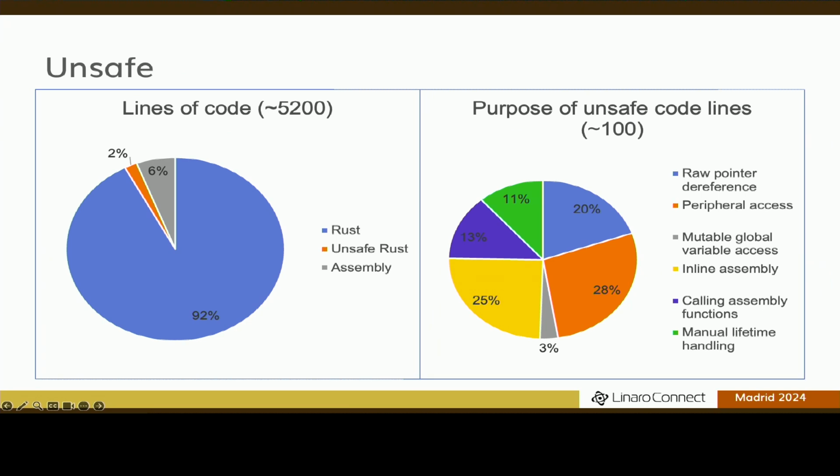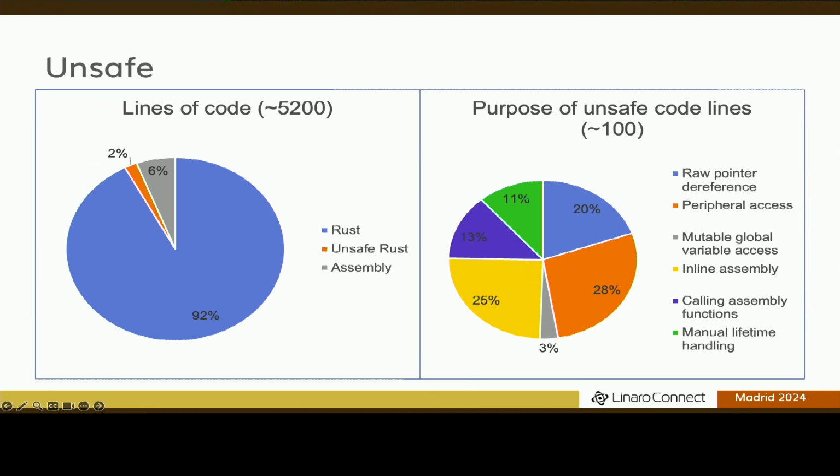In the FFA messages, we get raw pointers, so we had to do some raw pointer dereference. In the device drivers, we had to do some peripheral access to memory mapped peripheral registers. We have a couple global variables. This is mainly for the heap initialization. We had to do some interfacing with assembly code.